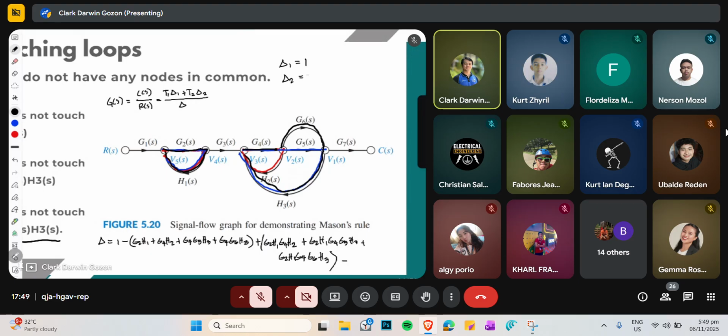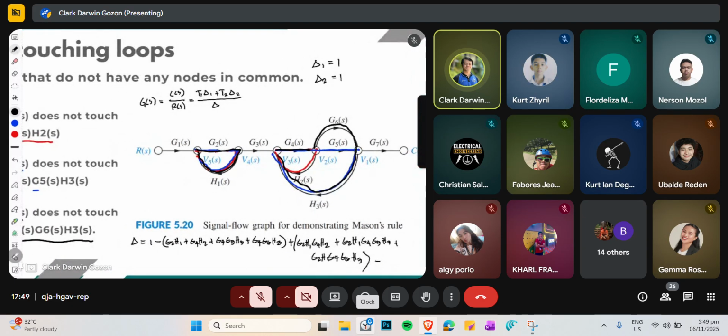We remove them so they do not appear in the equation. For example, these loop gains are touching T1 and T2 at the same time.